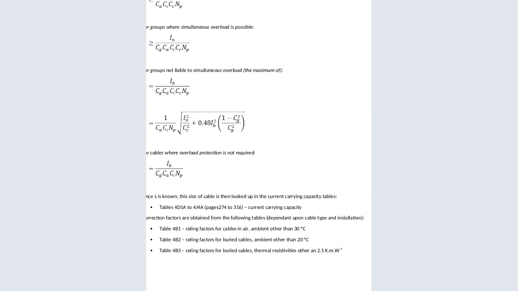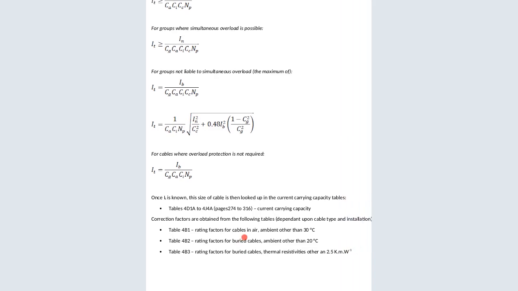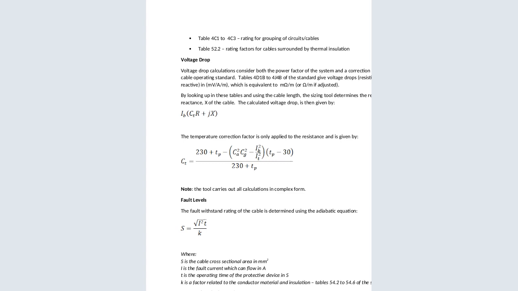So these are some of the calculations that we'll find on site. Sometimes you go to site and you are told to calculate the cable that suits a certain situation. So these are some of the formulas that you'll be able to use there. And we will do some examples of this so that we calculate exactly what we are talking about.